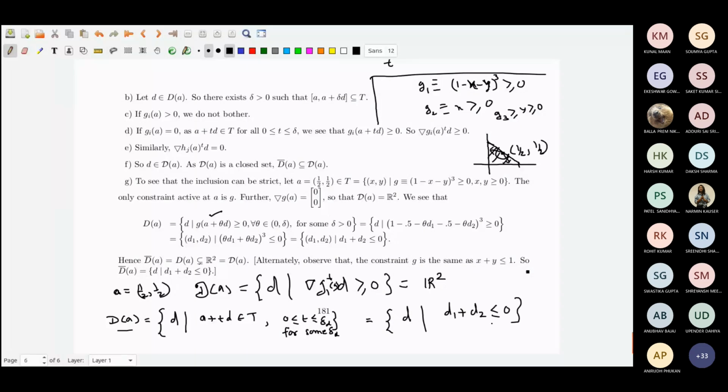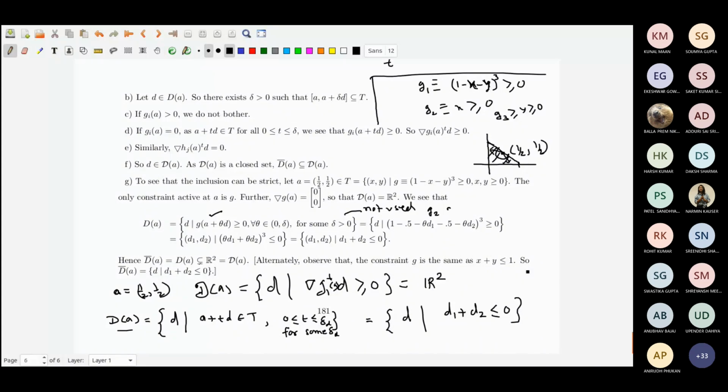So you will have to see that G1 of A plus td remains greater than or equal to 0, G2 of A plus td remains greater than or equal to 0, and G3 of A plus td remains greater than or equal to 0. All I was saying is that I have not used G2 and G3.